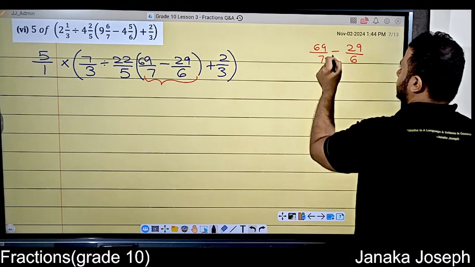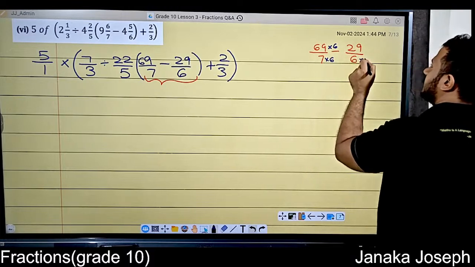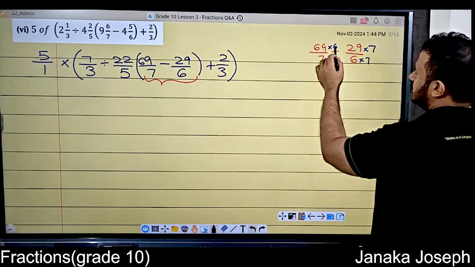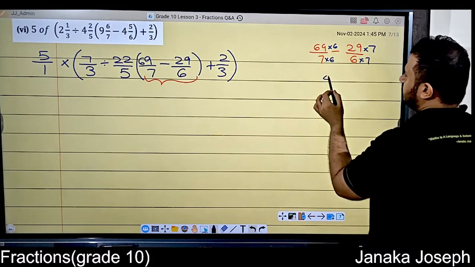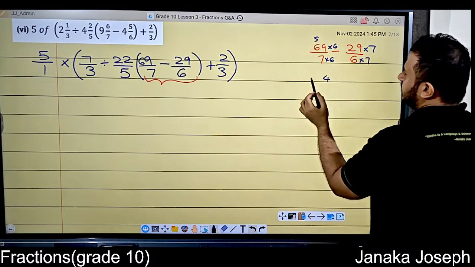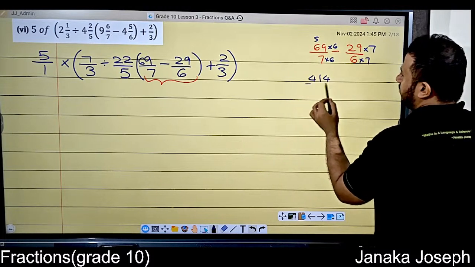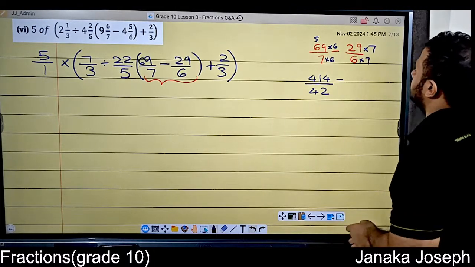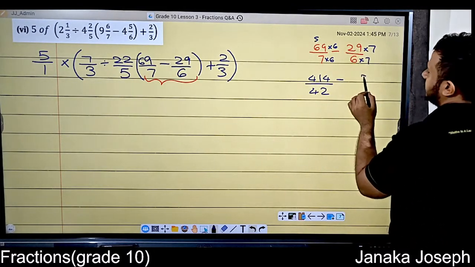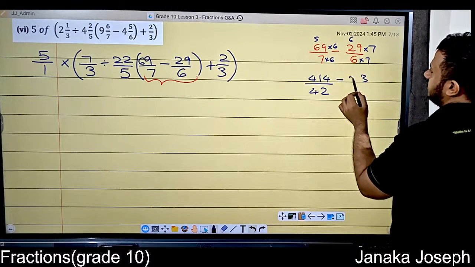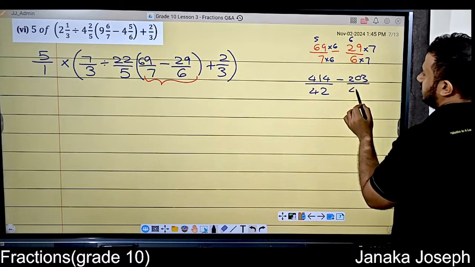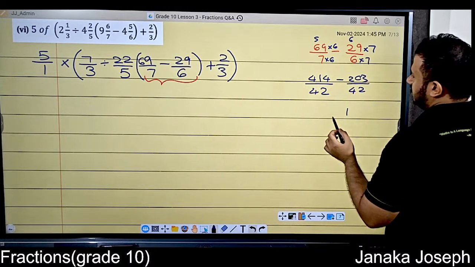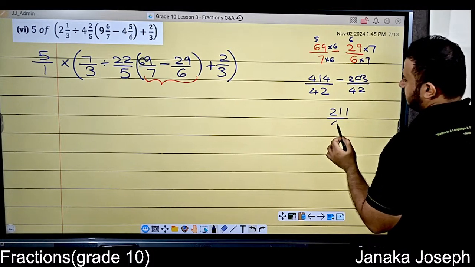Multiply by 6 here, multiply by 6 here, multiply by 7 here, multiply by 7. 6 times 9 is 54. 5 comes to the neighbor, 36, 41, and then 42 here, minus 7 times 63, 6 comes here, 20 over 42, and that will give you 1 and 21 out of 42.